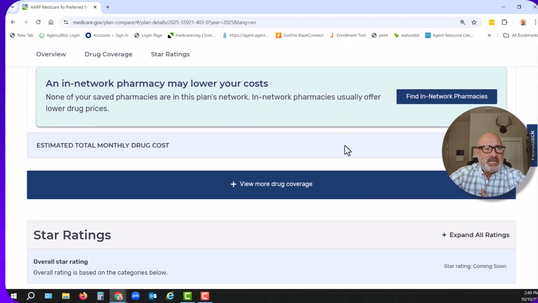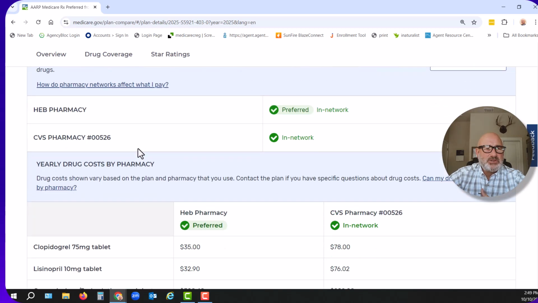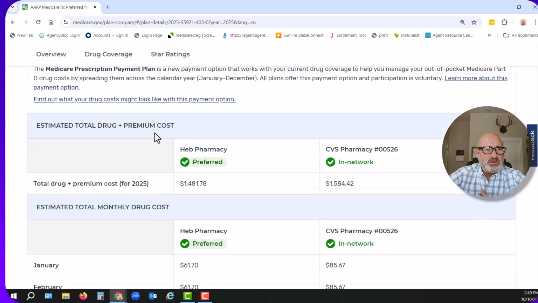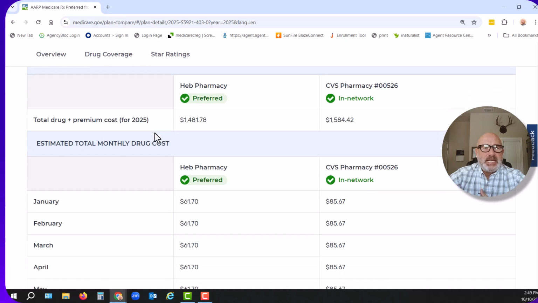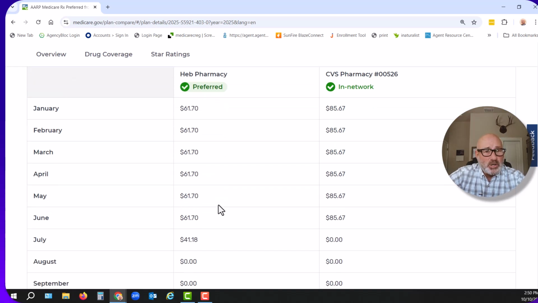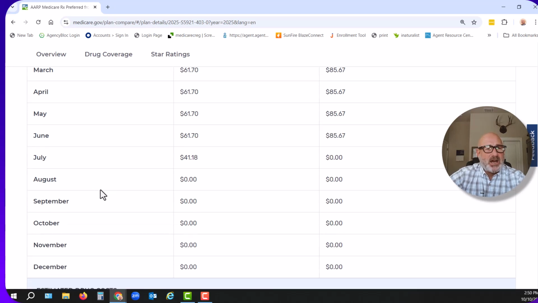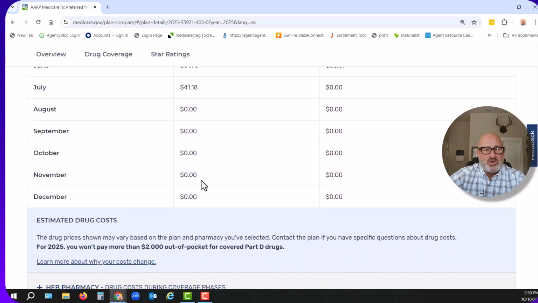It lists your prescriptions that you're taking over here, shows the annual cost, and it shows your monthly cost. Now, this is your copay, all right? You still got to pay your $89, but your monthly copay is $61.70 for all your prescriptions. Now you'll notice, weird, you get to July, all of a sudden it drops down to $41, and then August is zero.